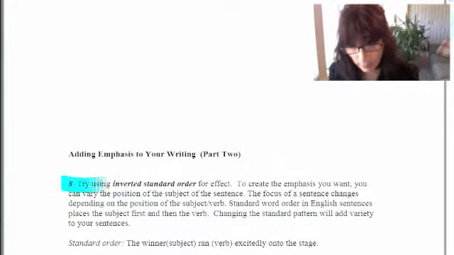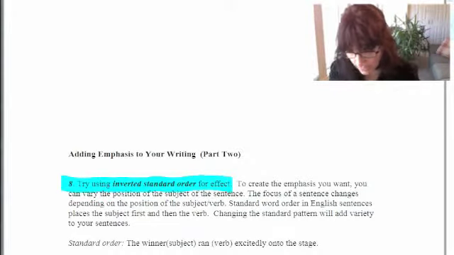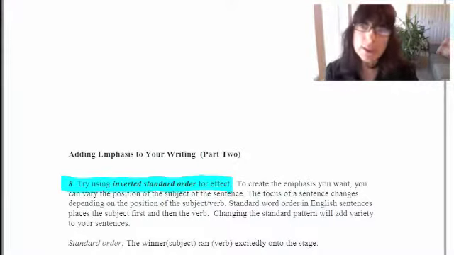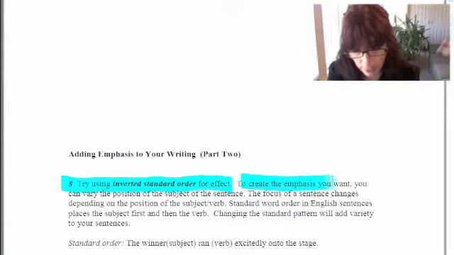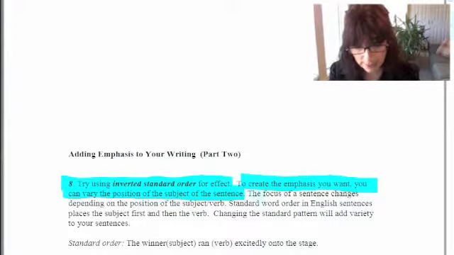So my 8th point is that another way of adding emphasis to your writing is to try inverting standard order. In other words, you're going to change the positioning of words in your sentence. If you want to create a different emphasis in your writing, you can vary the position of the subject of your sentence.